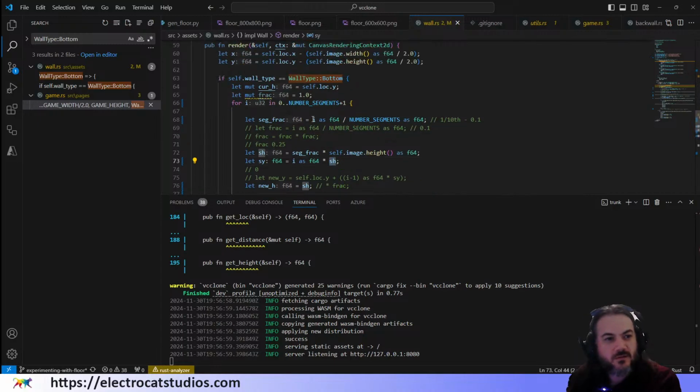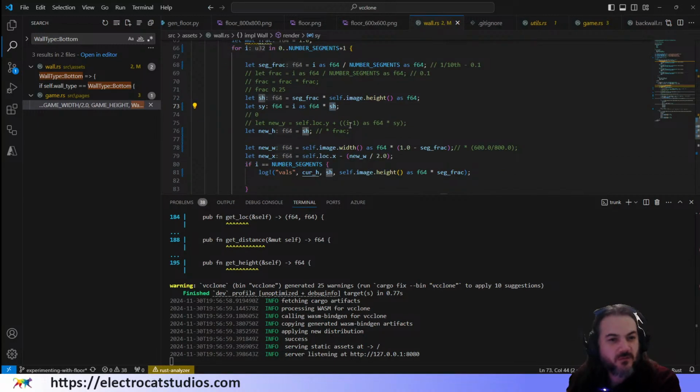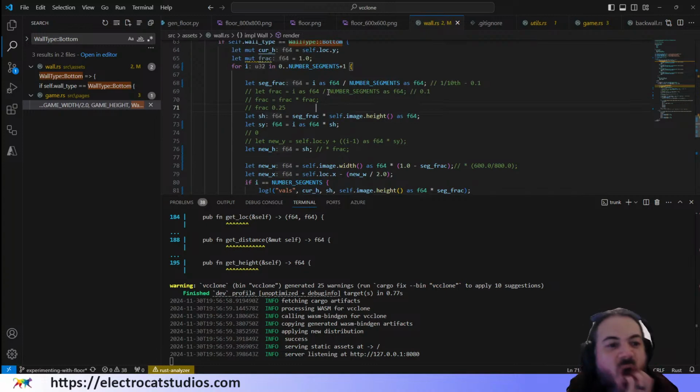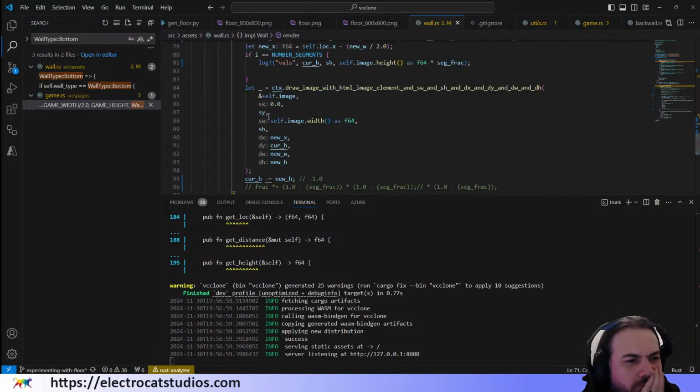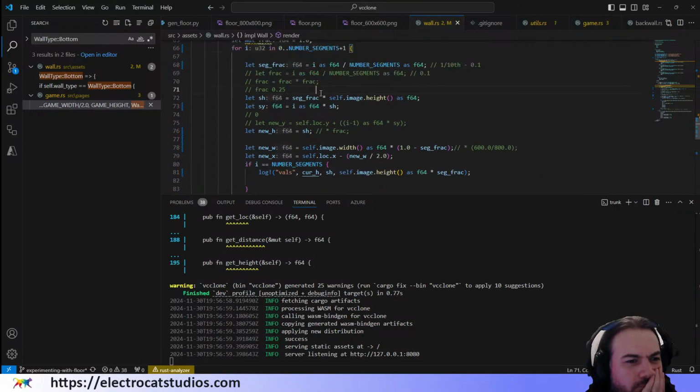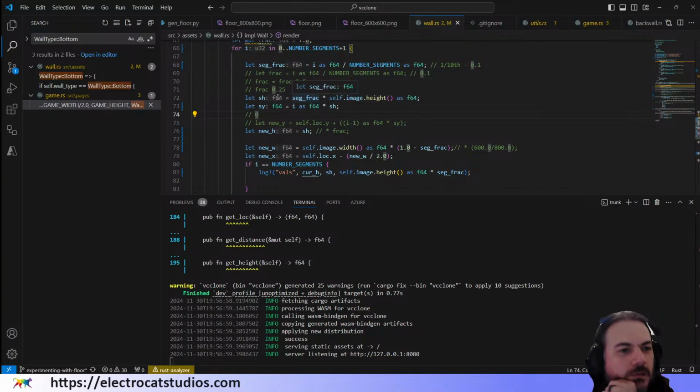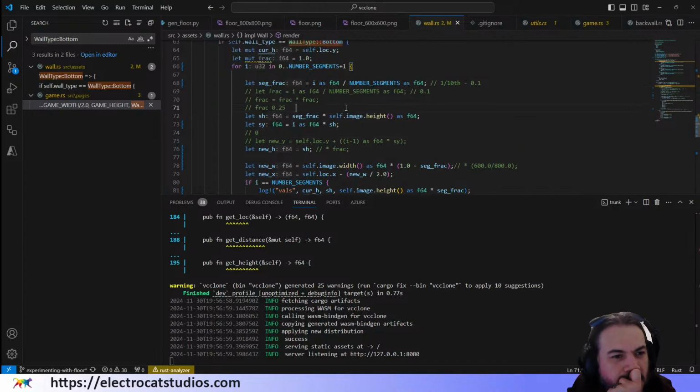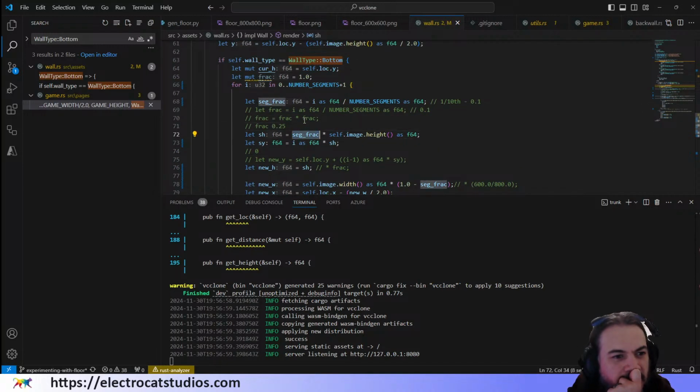Times SH, which is the segment height. So the segment height is going to go from 0, which it shouldn't do.